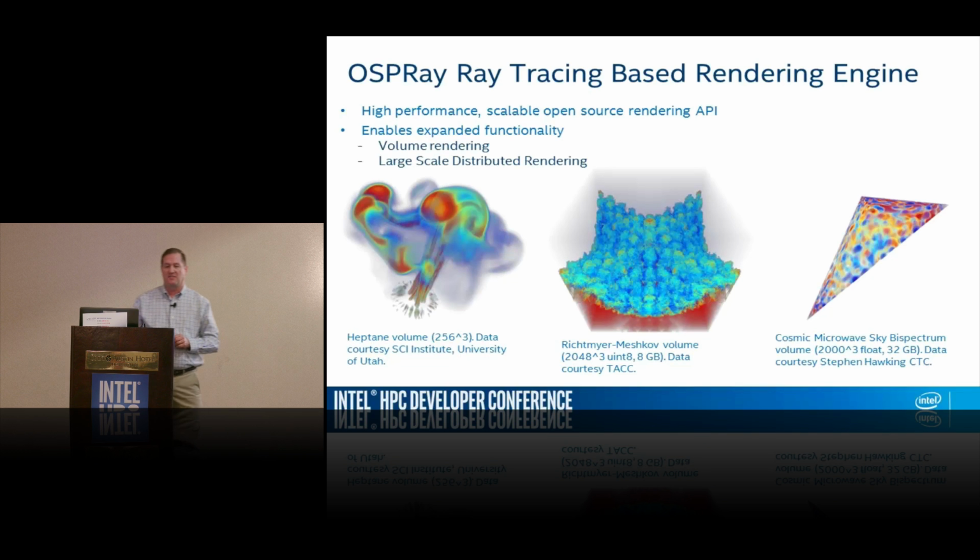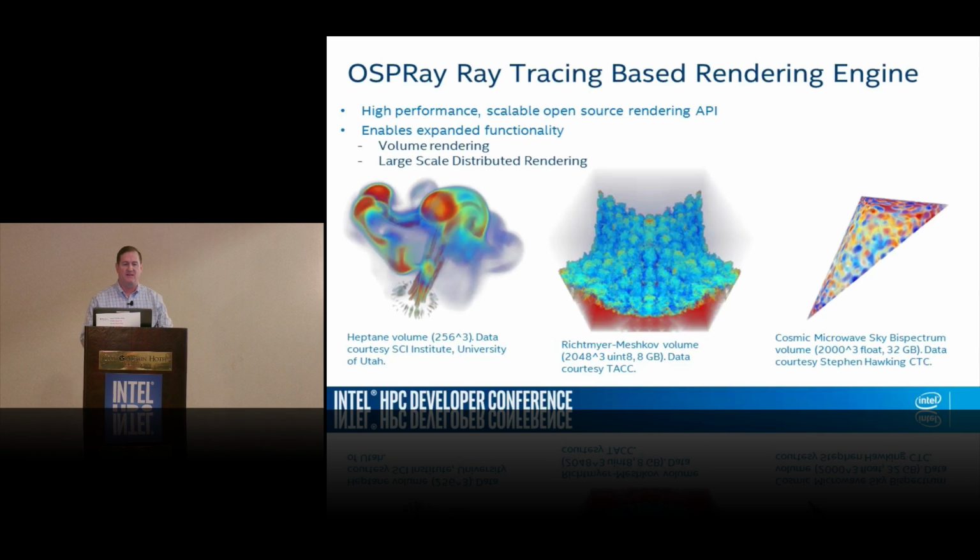And the volume rendering is really a strong performance, and this gives you an idea of the type of applications we can run. Actually, no, none of them are here right now. I do have a movie of the cosmic microwave background.